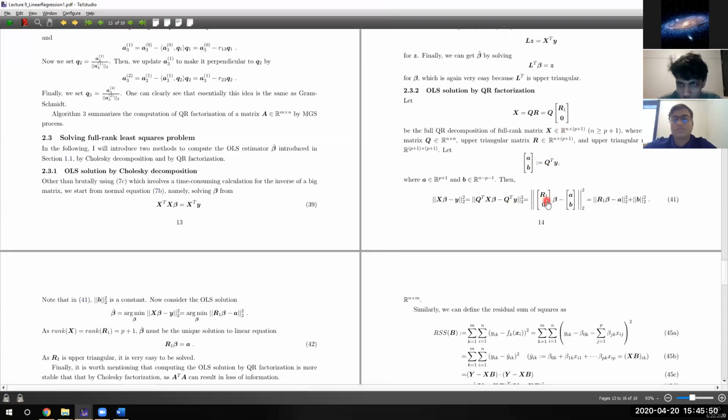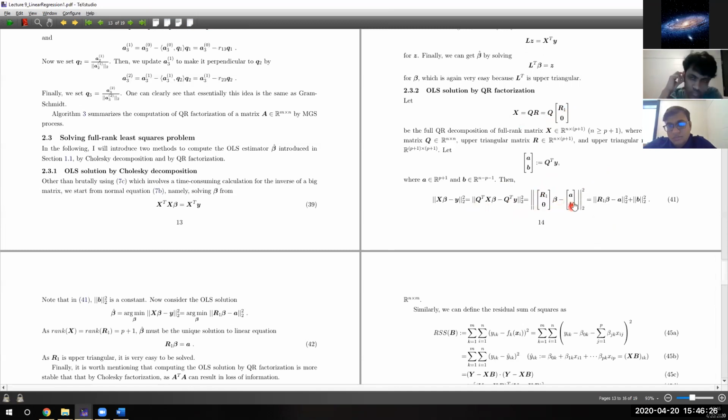Here, the dimension of R1 is P plus 1 by P plus 1, and your A is also P plus 1. Why am I writing it this way? Because, be careful, this R1 and this Q are both constant. You give me an X, I directly give you R1 and Q. This part is a variable because I can change beta.